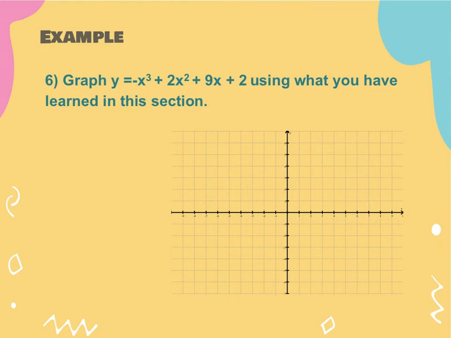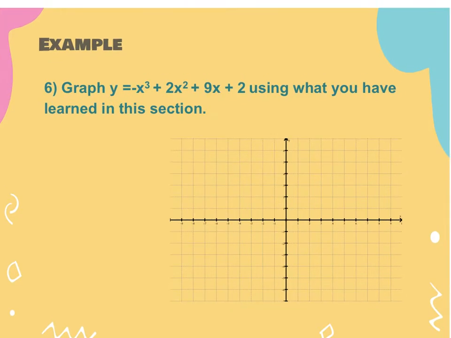Now, if this were a question on your test, this would be a reasonable question where we could use the possible zero list, because notice my last term is positive 2. So if I do the list of possible zeros, remember you take the last term, which is positive 2.